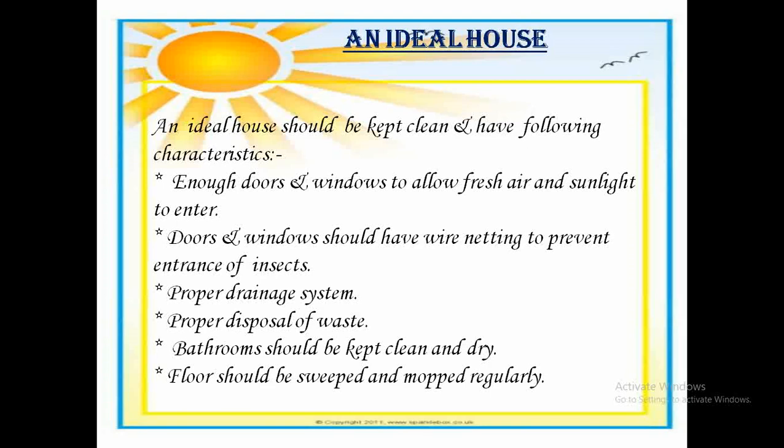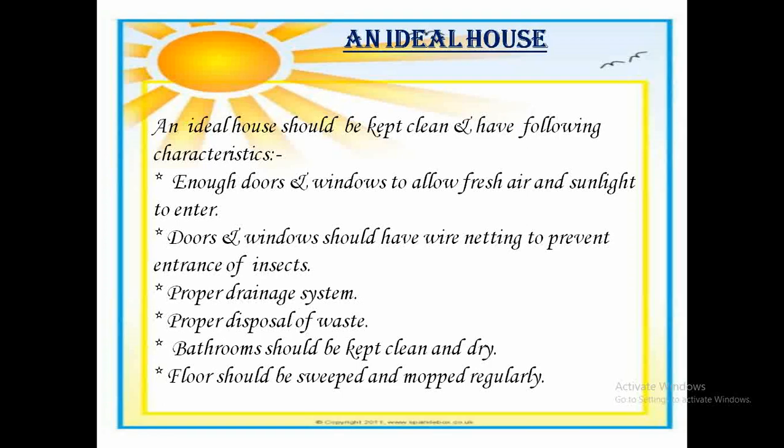If there is no fresh air, then we will suffer from a number of lung diseases. So fresh air is very important for us to remain healthy, and sunlight kills a number of bacteria and germs, so sunlight is also very important.